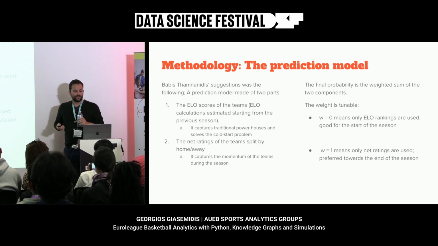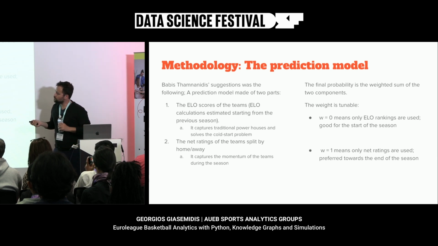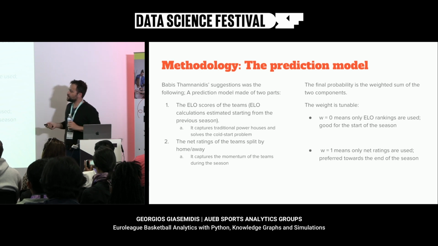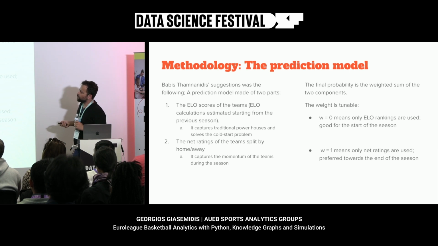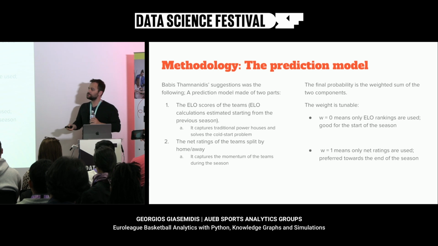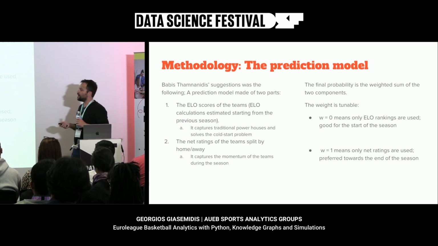The point is that it allows us to have the ELO scores from the beginning of the EuroLeague history, the beginning of data, and it captures the traditional powerhouses, and it also solves the cold start problem. When we are at the start of the season and we have no other information, no other statistics about the teams, how are we going to simulate?